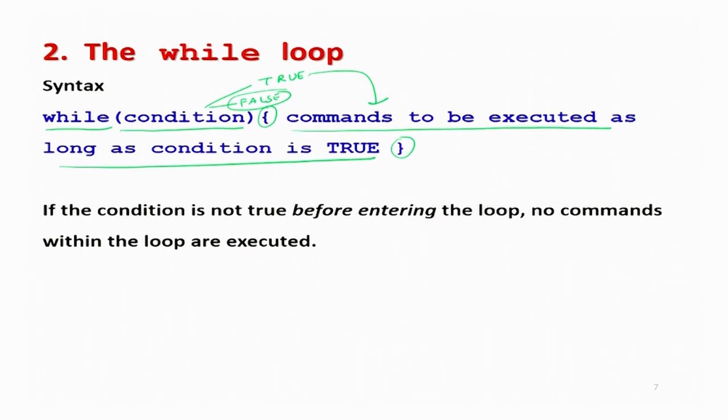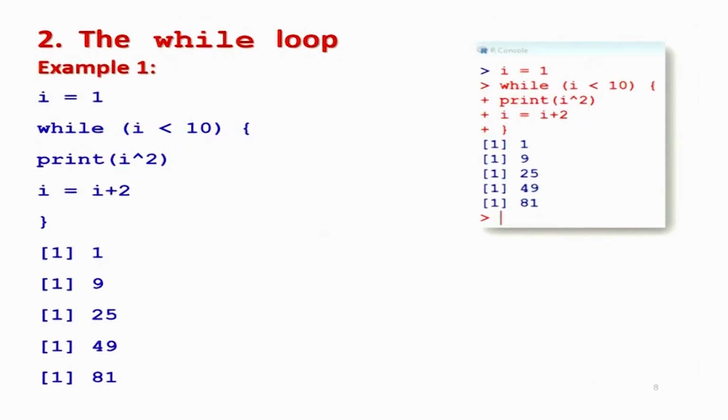And in case the condition is not true before entering the loop, then no commands within the loop are executed. So, let me take some examples and explain how it works. These are very simple examples, and I have tried my best to take a similar example to what we have taken in the case of the for loop, so that you can understand it better and also compare.